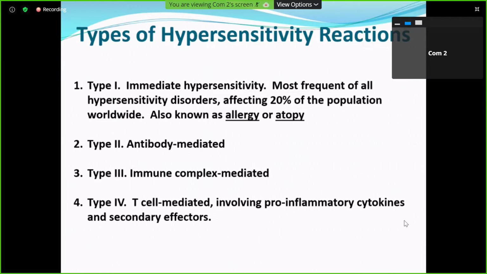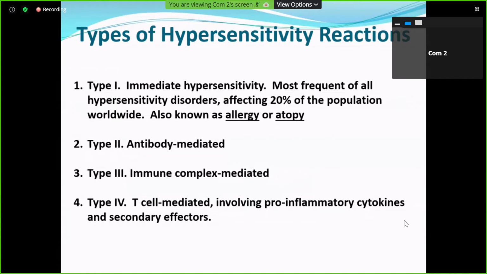Type 2 and type 3 are your classical Th1, Th17 type reactions, in that these reactions involve predominantly IgG and IgM. And these are induced by Th1, Th17 type T helper cells.